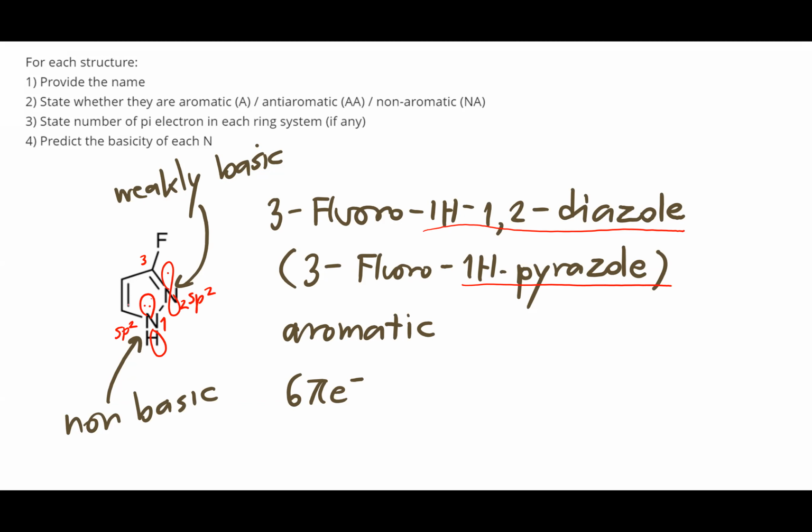So it's 2 and 1, 1, 1, 1. So it's 6 pi electrons and aromatic. And this nitrogen, because the lone pair is in the aromatic system, is non-basic. And this nitrogen is weakly basic because it's in sp2. The lone pair is in an sp2 orbital. Okay.